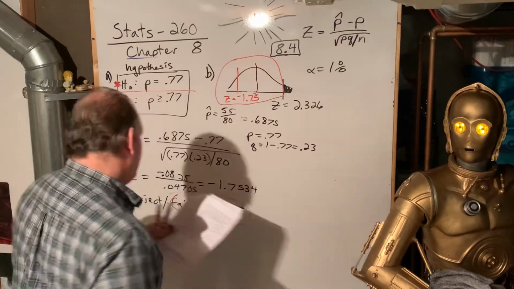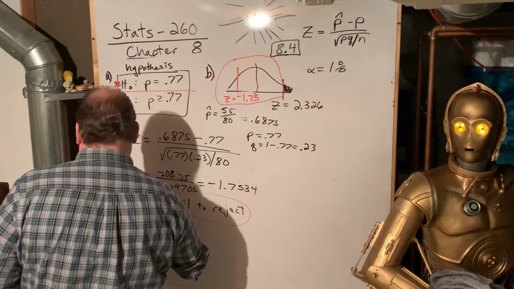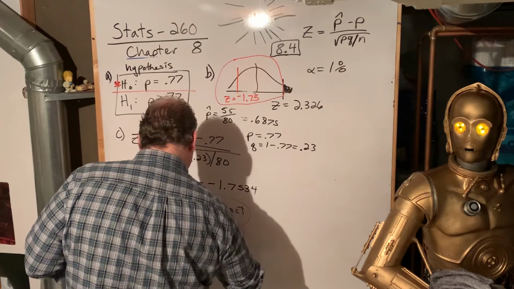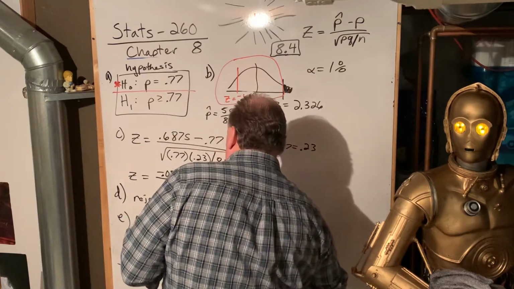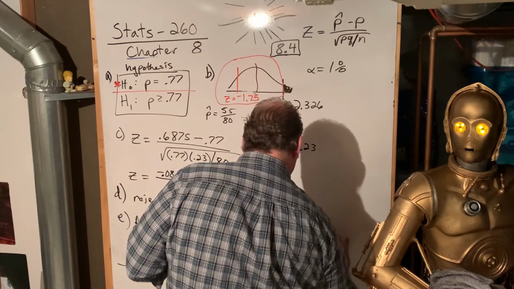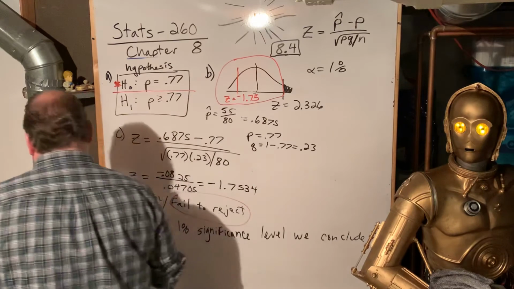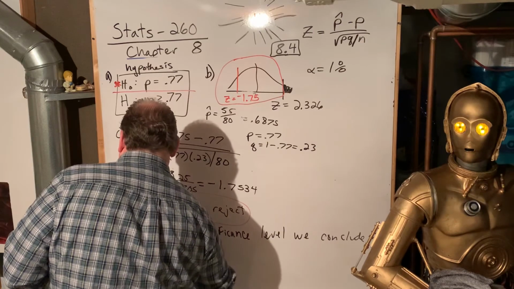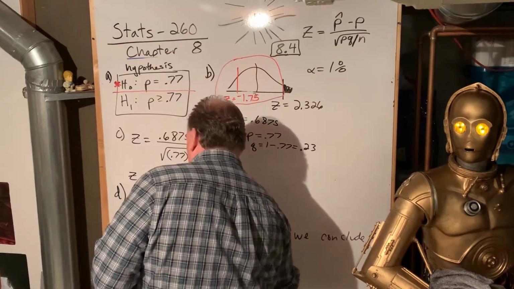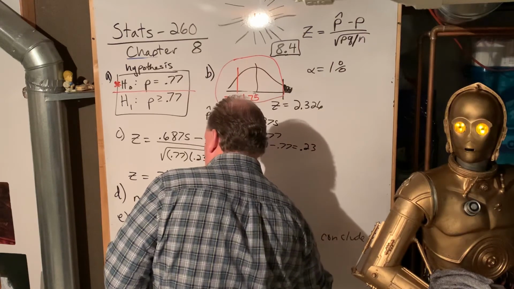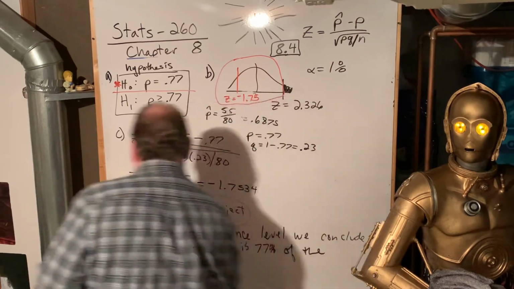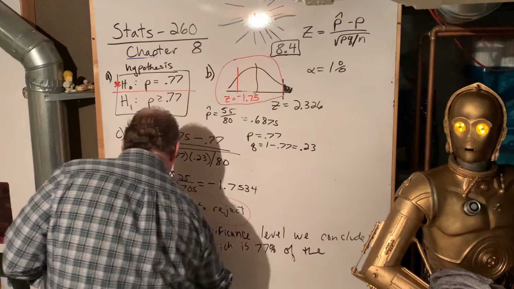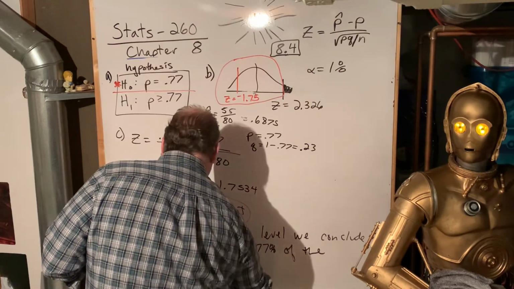So at the 1% significance level, we conclude the null hypothesis, which is 77% of the population opposes replacing the dollar.